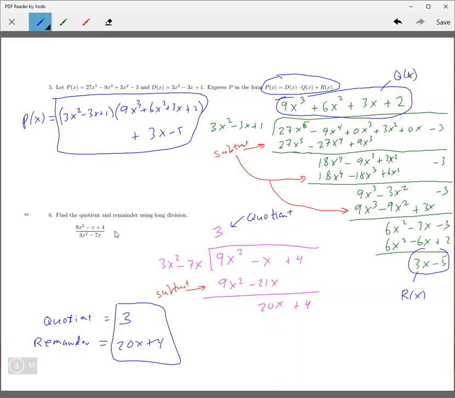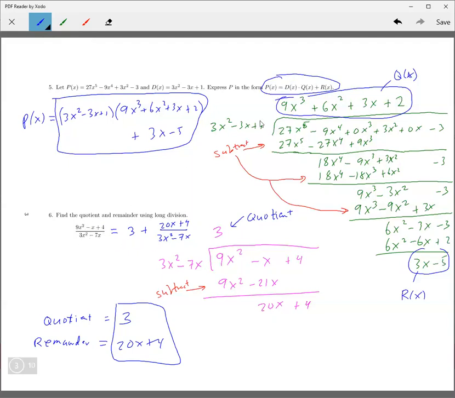There's 2 ways that you can write this. Let me just emphasize that. One way is this is equal to this quotient plus the remainder over the divisor. Okay, that's one way you can write it, which is the p of x over d of x way.